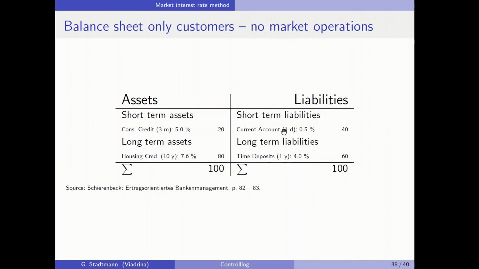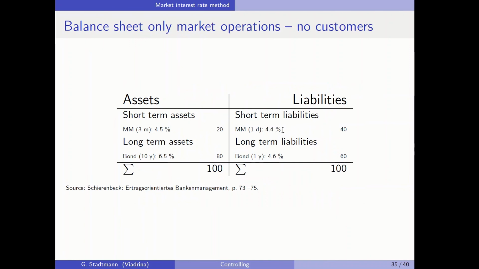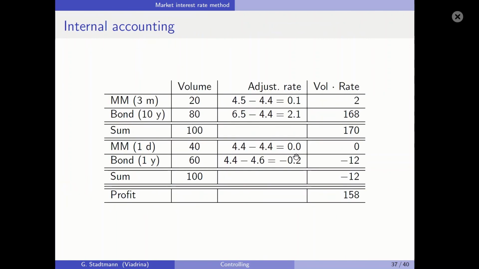For example, here, the current account 1-day liabilities only cost 0.5% compared to the money market where the interest rate is 4.4%.